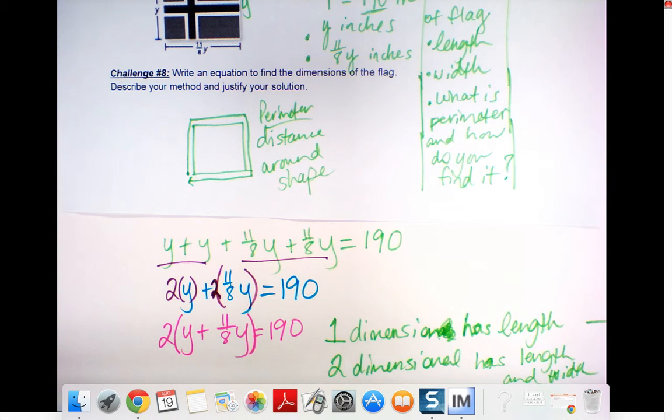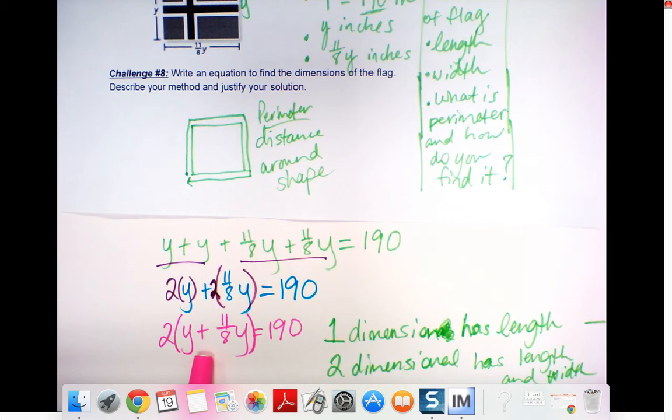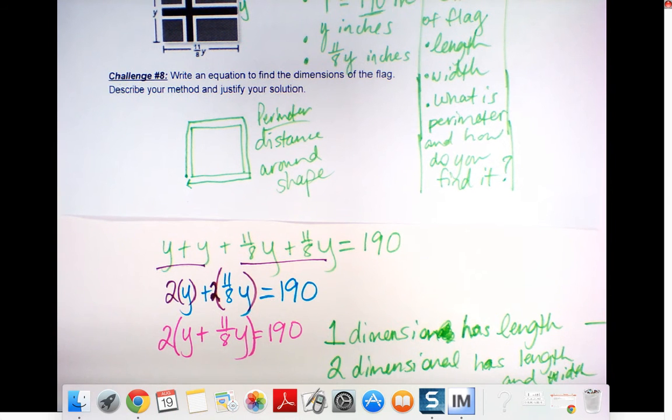So there are several ways you could write the equation. I'm going to use this one to show you the distributive property, and we'll go from there.